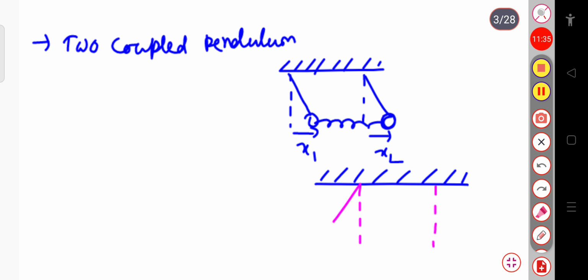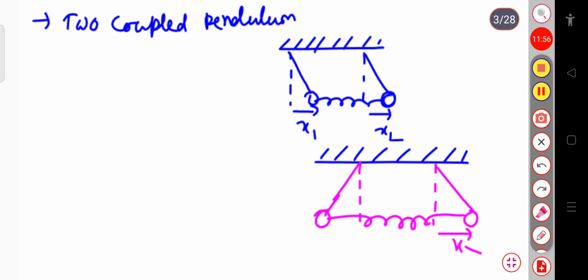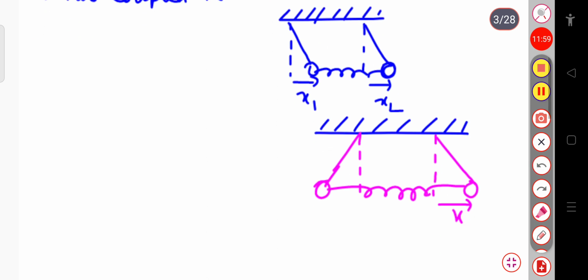If the pendulum is displaced to this point, and here also to this point, attached with a spring like this, the displacement from this point is x2, and here the displacement is x1.